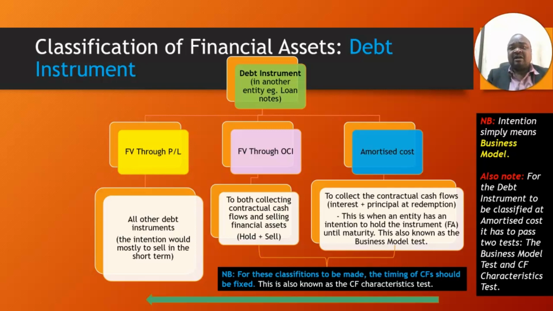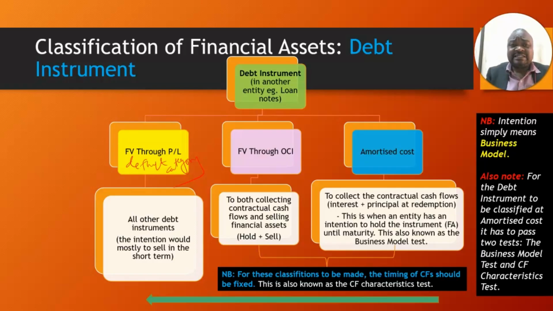So how do we account for that? We can account for these financial assets either at fair value through P&L. This is the default category.